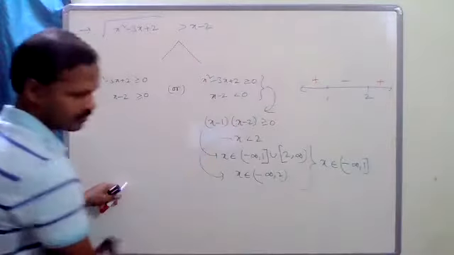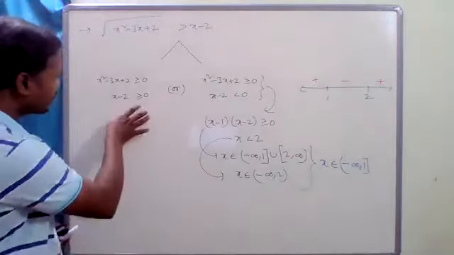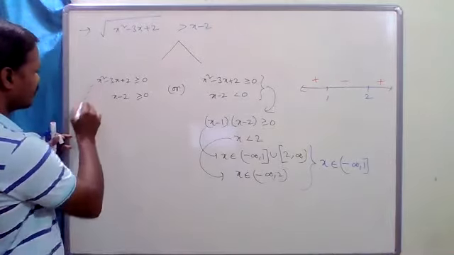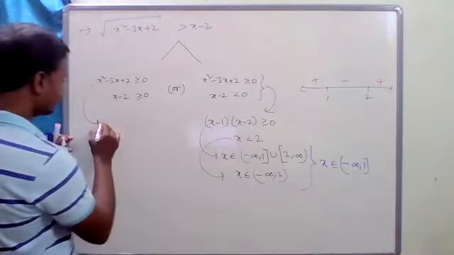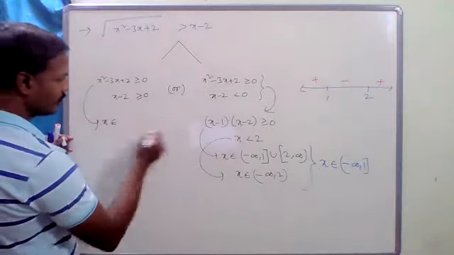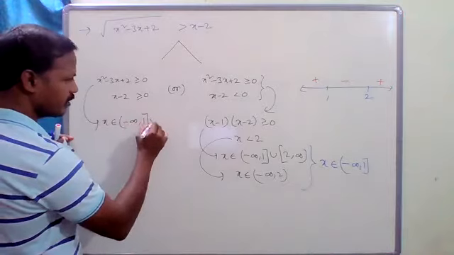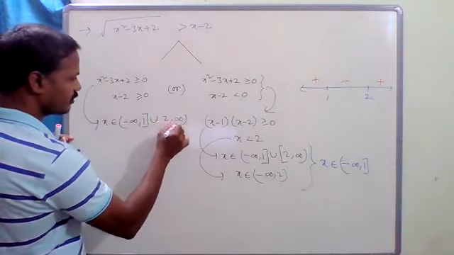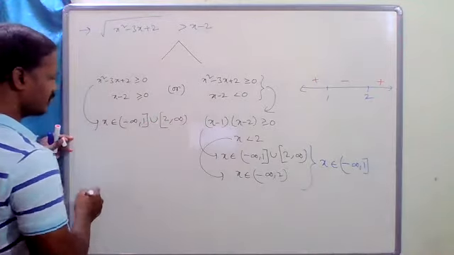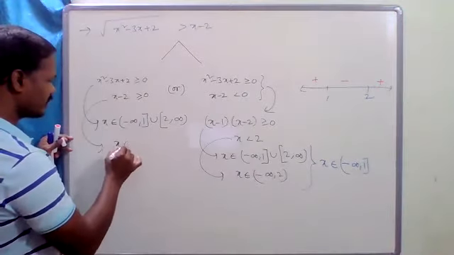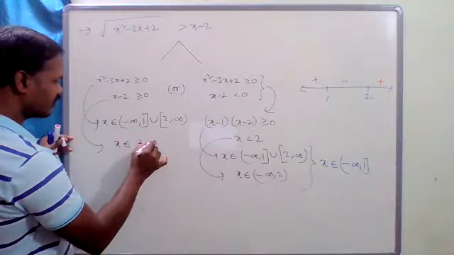Now coming to this side. From this we already calculated this one, which is x belongs to minus infinity to 1 union 2 to infinity. Now from this, x greater than or equal to, that is x belongs to 2 to infinity.